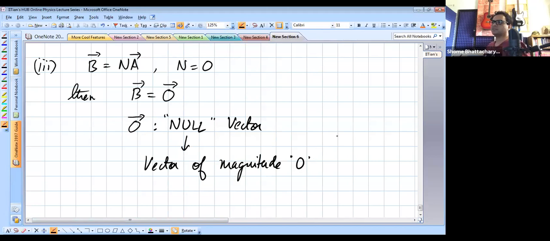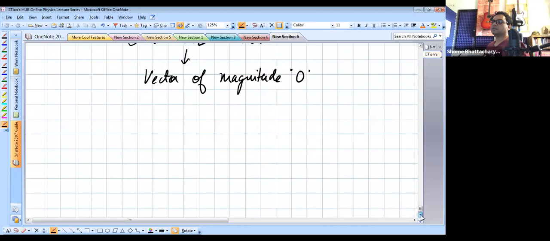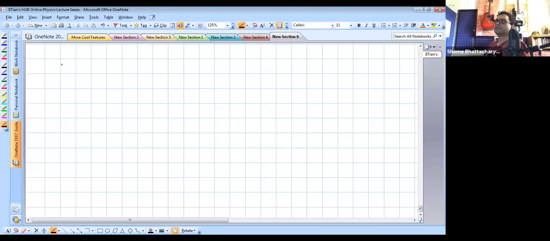So this is just a trivial case, as I was saying. That covers our multiplication of a vector by a scalar quantity. Now we come to the next important thing, one of the important formulae as we go along in future. We'll do the derivation of that formula. So we will do addition of two vectors.